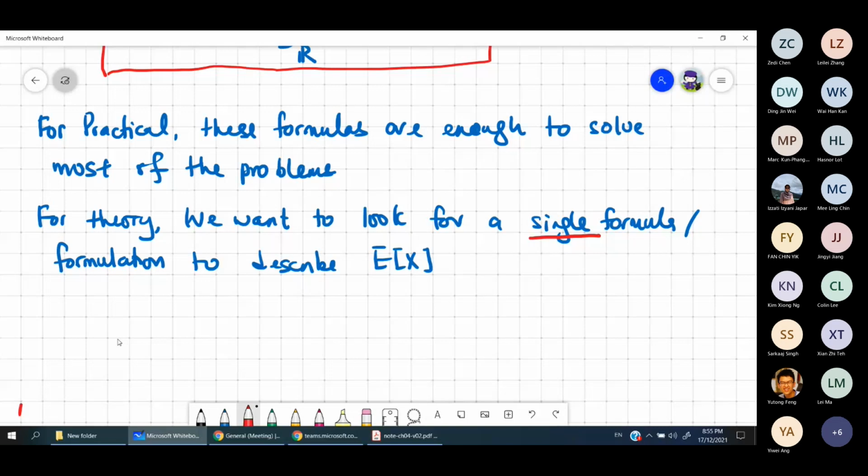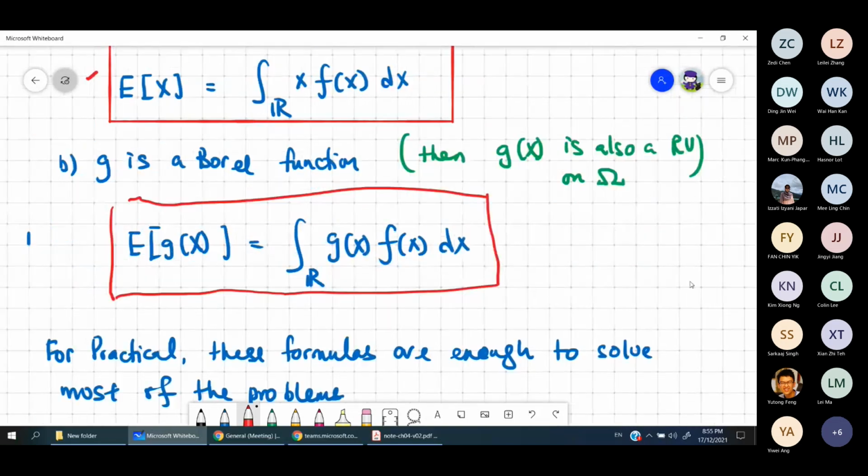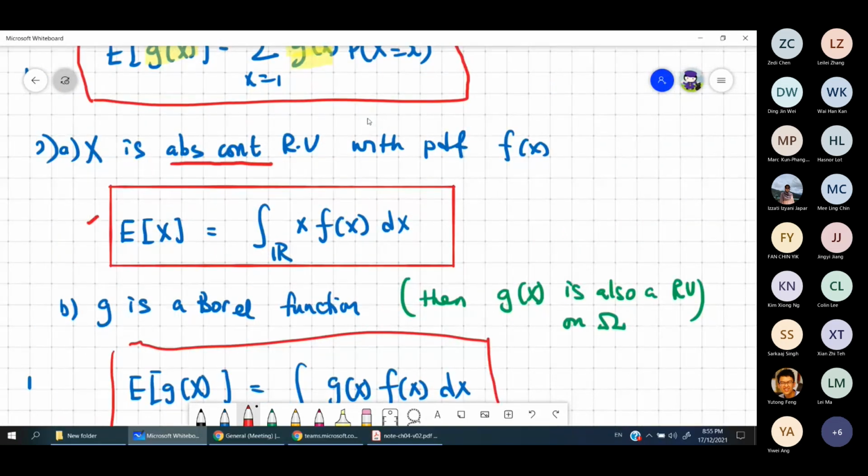After that, we want to see how, under different situations or different random variables, this formula can be split into different formulas.